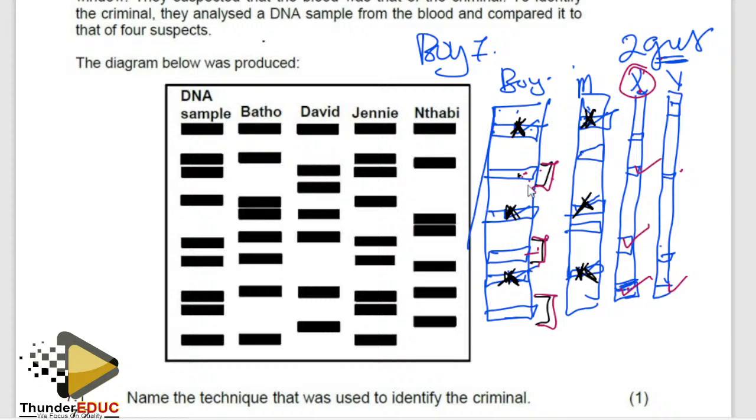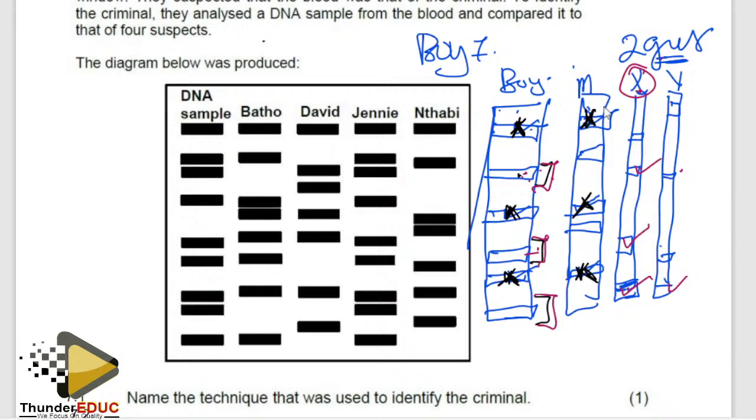All the remaining bars of the boy, after matching them with the mother, correspond with guy X. Is it clear? Because they always ask you this, and students tend to go off.